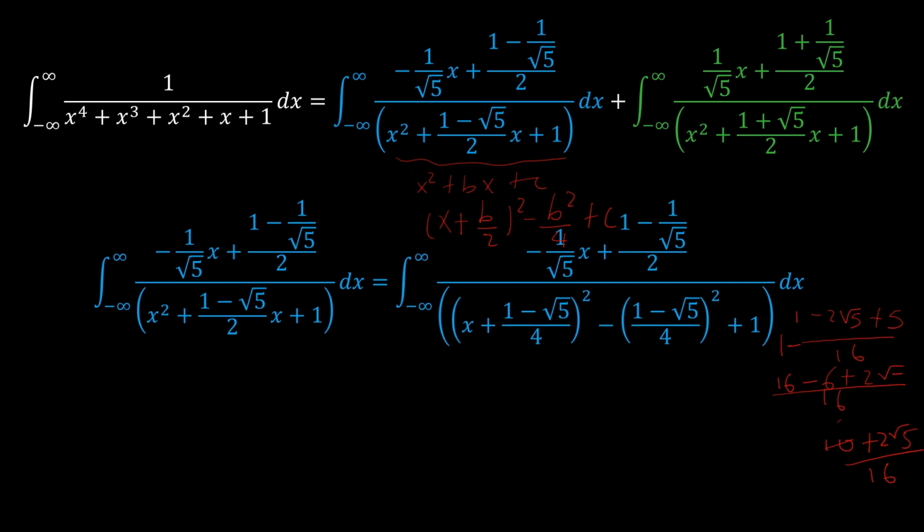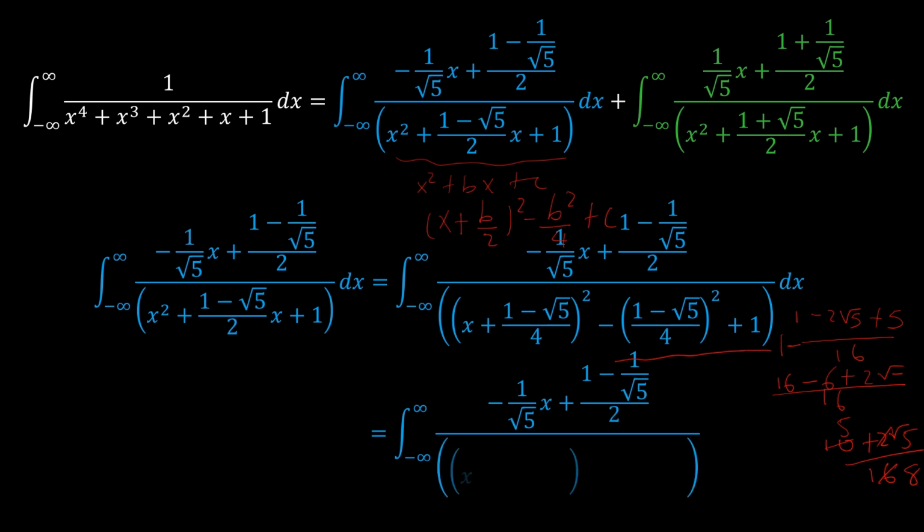Divided by 2, because this divided by 2 is 8, we have 5 plus root 5 over 8, replacing this term here. So that's what we have. Now this is x plus 1 minus root 5 over 4 squared plus 5 plus root 5 over 8.